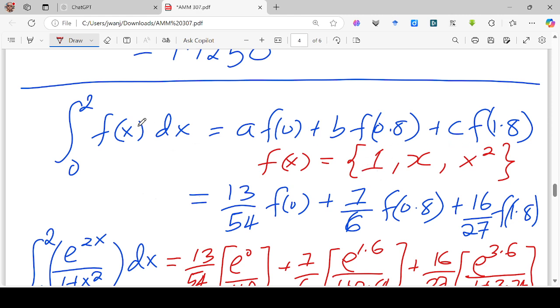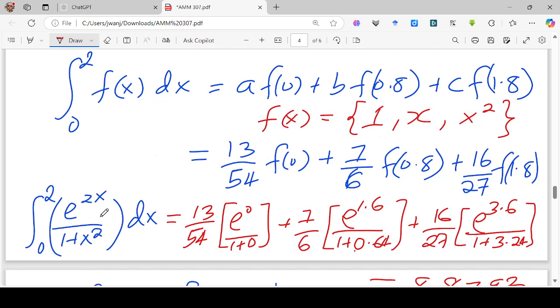Then we start substituting: f of x is 1, f of x is equal to x, f of x is equal to x squared. That will give us 3 equations in 3 unknowns. Then we solve the 3 equations to get the values of a, b, and c. And lastly, we come back and substitute. If we are then given a problem to solve using the method, it's a matter of evaluating the value of the function at those points. So basically that is the method.